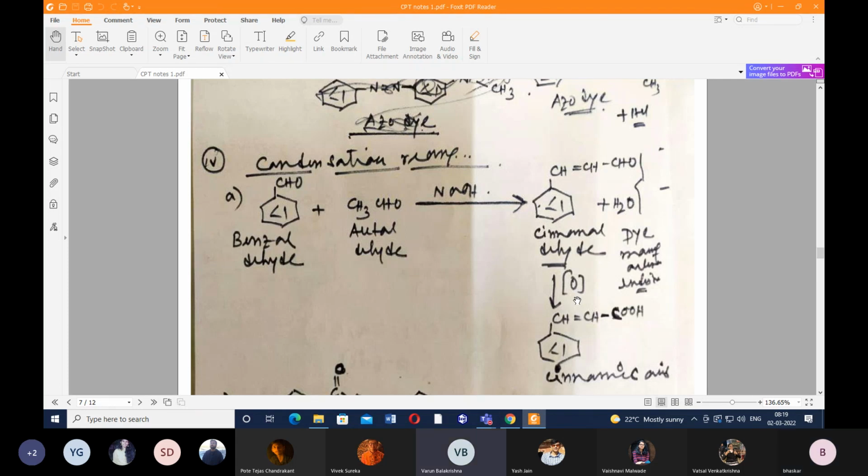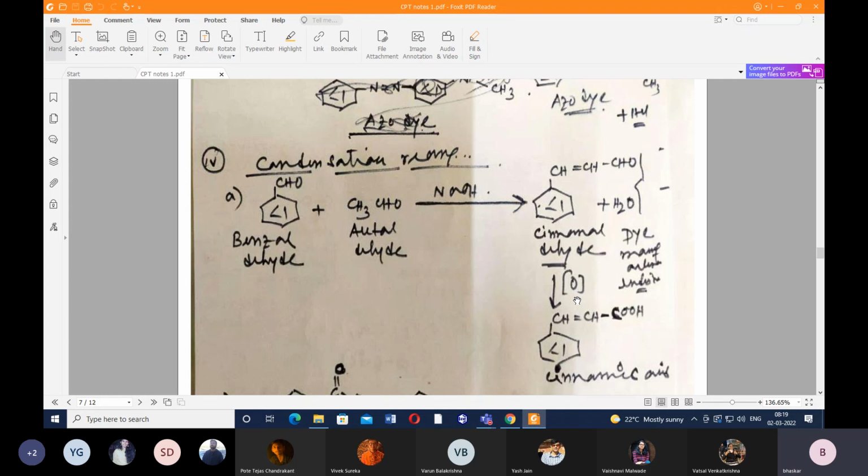Peroxide. What type of peroxide are you talking about? Hydrogen peroxide, I guess. Or permanganate, potassium permanganate plus what? It could be alkaline KMnO4, okay? Or it could be a mixture of K2Cr2O7 plus H2SO4, potassium dichromate plus H2SO4.